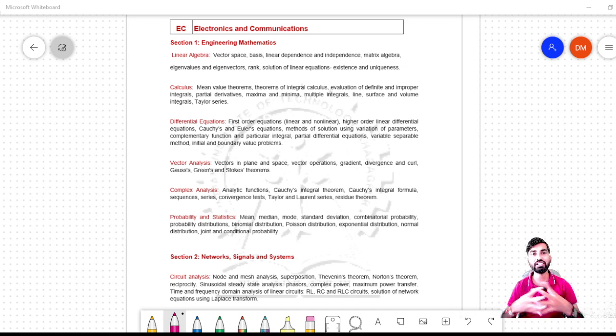They have given topics randomly, but they have also removed various topics which are not necessary to be highlighted in the GATE syllabus, right? So let us get into the exact syllabus, and you have to follow this strategy for the next 4 months, right? So let's get started with the discussion on the GATE syllabus, right?